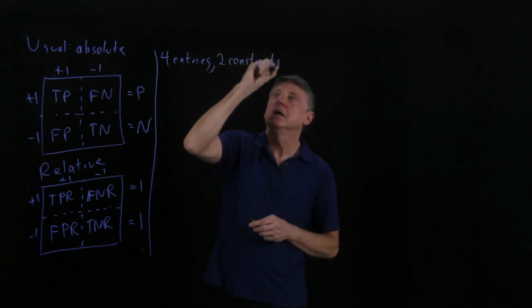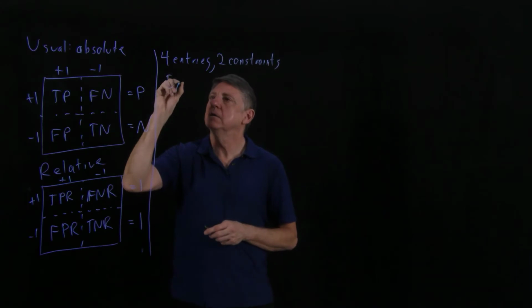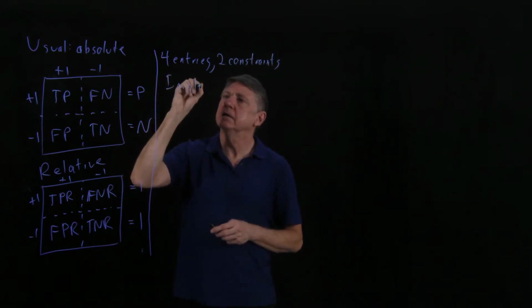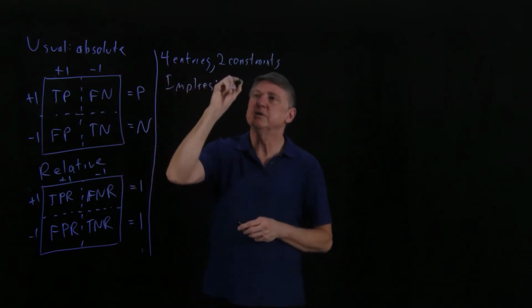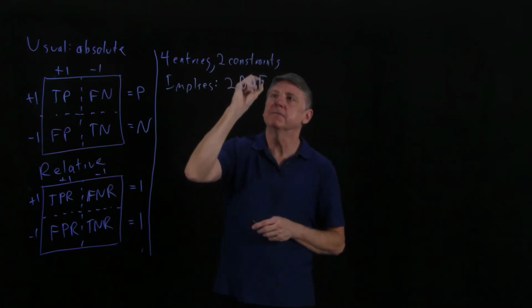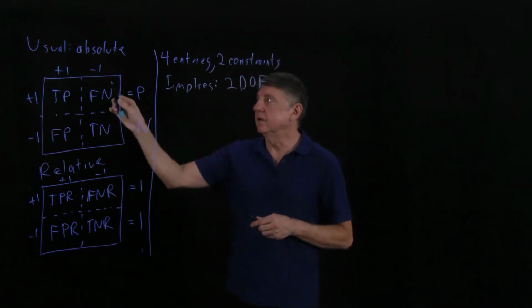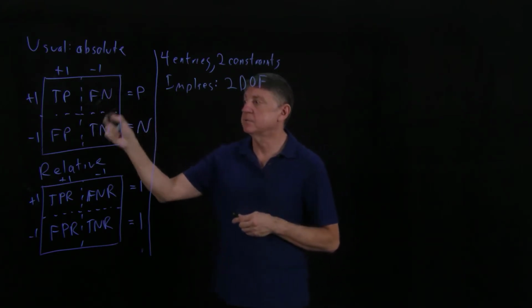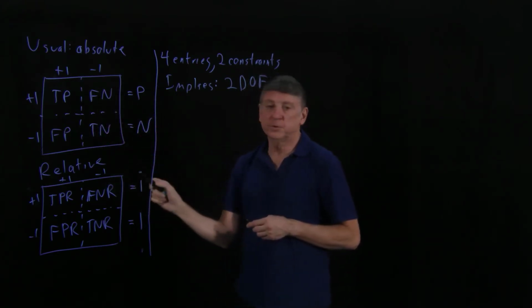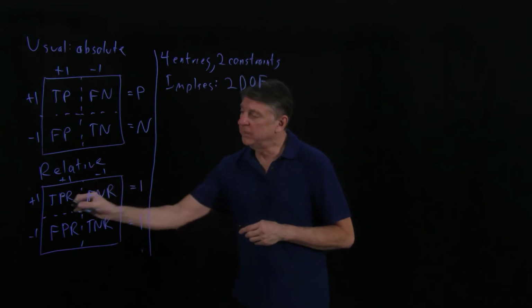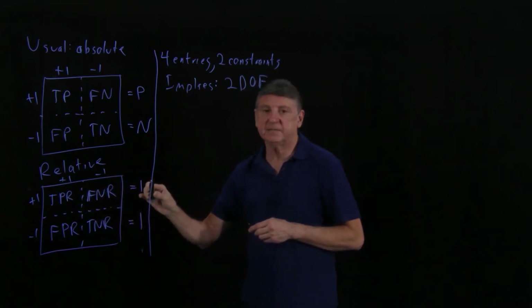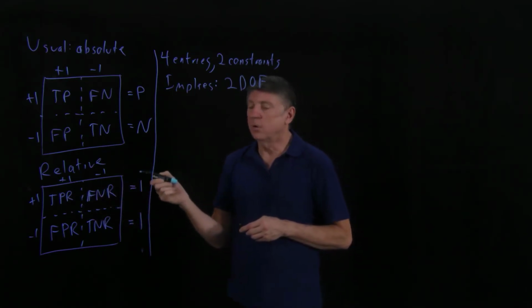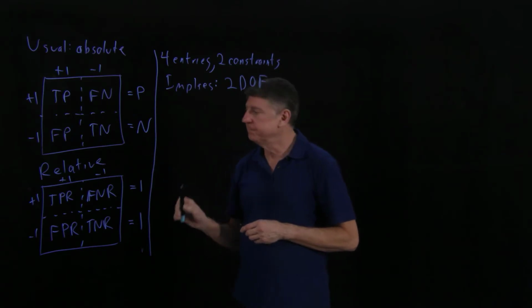And that implies that we have only 2 degrees of freedom. In the absolute table, we have 4 degrees of freedom because these are absolute numbers. Once we've converted to a relative table, we've put the constraint that these have to equal 1, so we've only got 2 degrees of freedom.